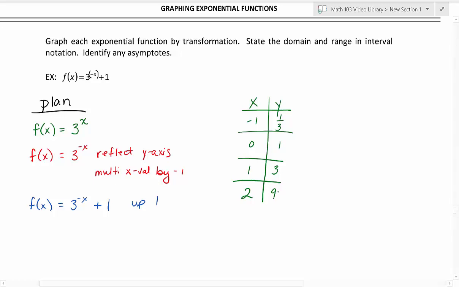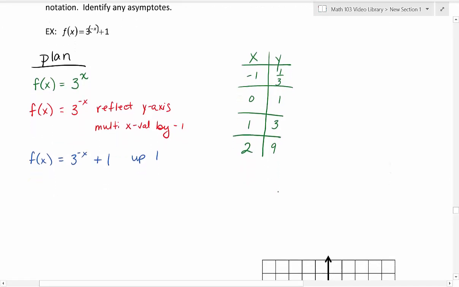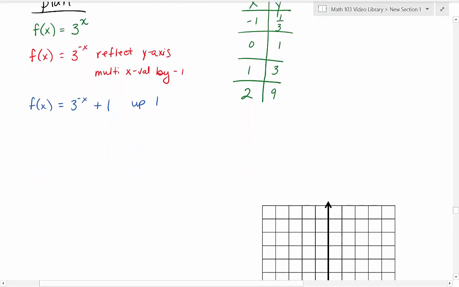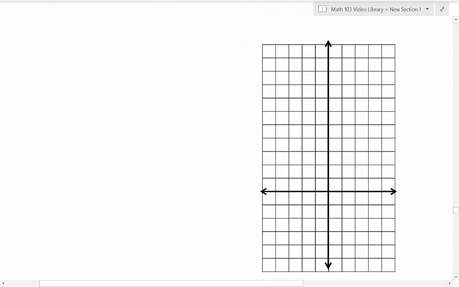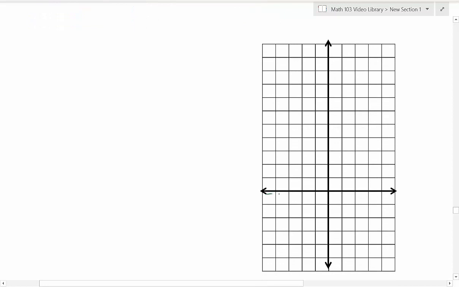Let's plot them. Remember that all of our parent exponential functions have a horizontal asymptote on the y-axis. And we'll plot our points: -1, 1/3; 0, 1; 1, 3; and 2, 9.